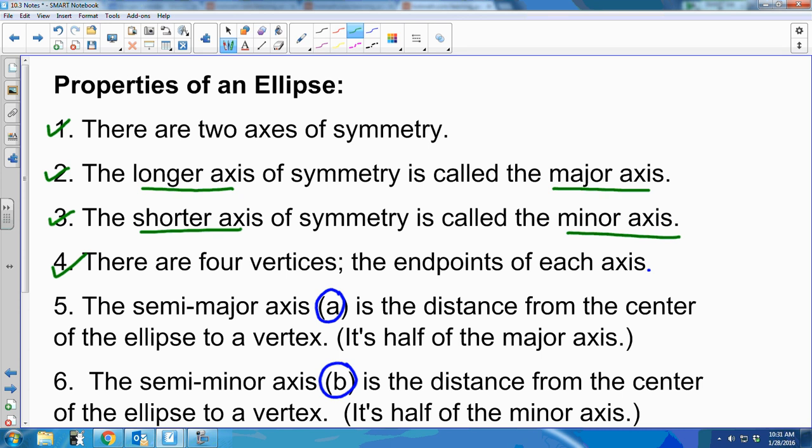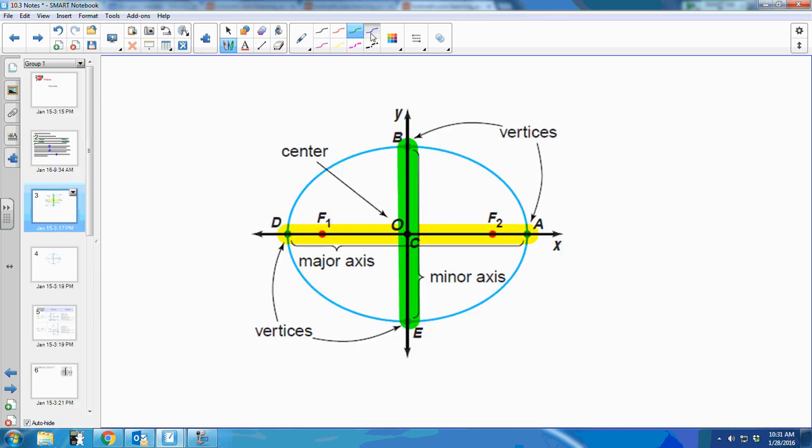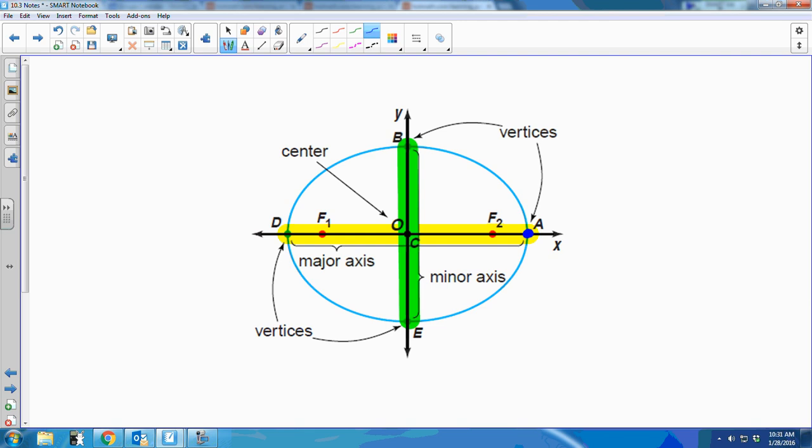When we're graphing these, you'll need to be able to graph the 4 vertices in order to graph the ellipse. Again, I'll come back to this. So 4 vertices. 2 at the ends of the major axis, 2 at the ends of the minor axis that the ellipse goes through. Okay? Yeah?